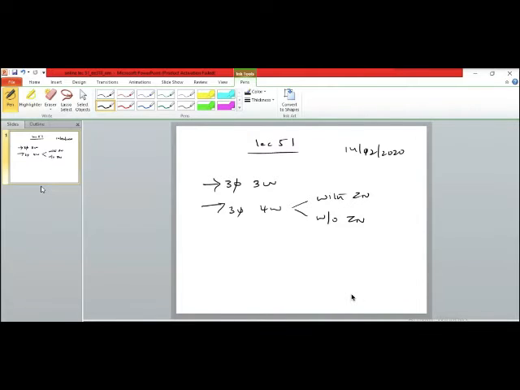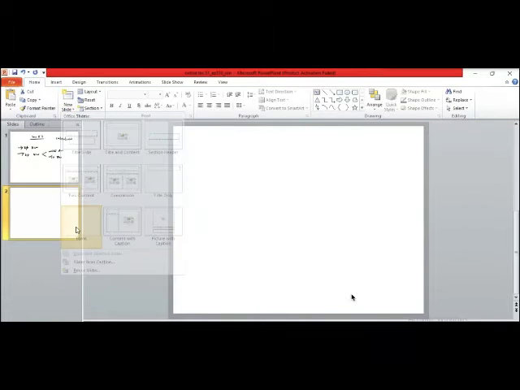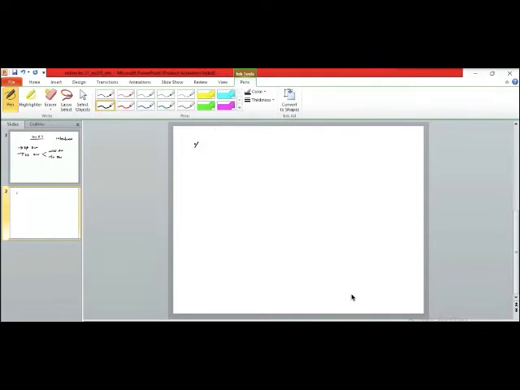Okay. So take down the problem here. A three-phase, 400 volts, 4-wire system has a star connected load, three-phase 4-wire star connected load with impedances.